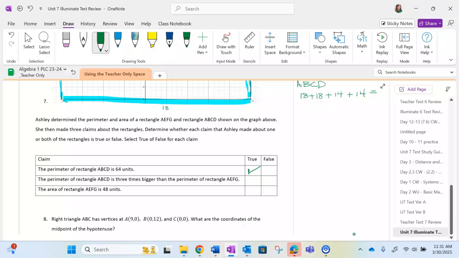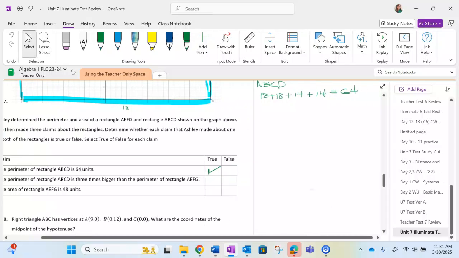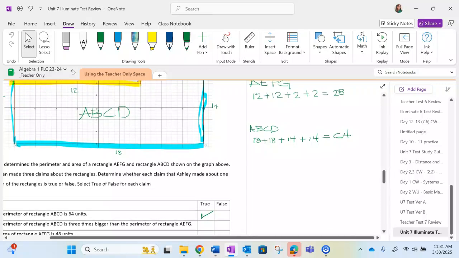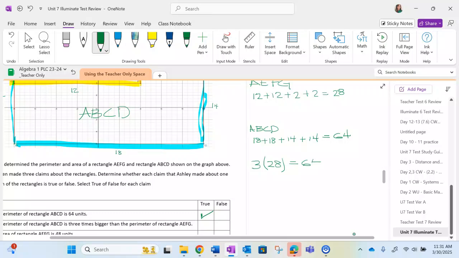The perimeter of rectangle ABCD is 3 times bigger. Ooh, 3 times bigger. Well, let's look at both of these. They're saying this is 3 times this. So we're going to say 3 times 28, does it equal 64? I don't know.